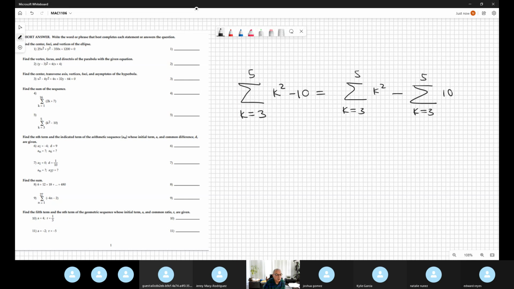Suppose I try to compute this, but I make a mistake in my paper. Okay, because I fix it. The summation from k equals 3 to 5 of k squared, for example, you can compute as the summation from k equals 1 to 5 of k squared minus another summation from k equals 1 to 2 of k squared.